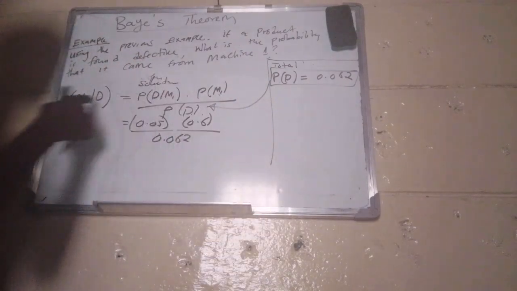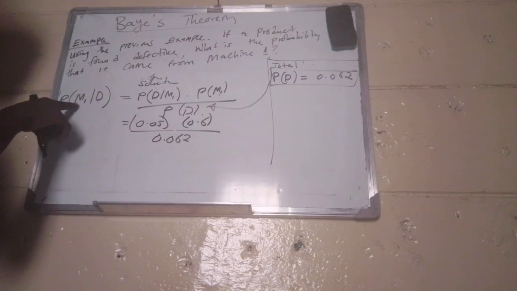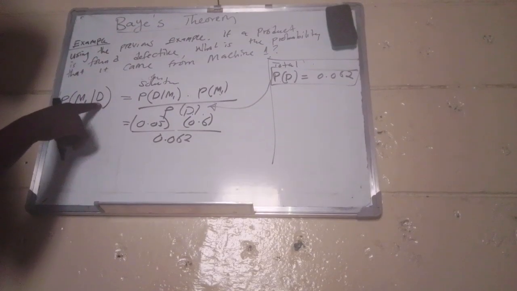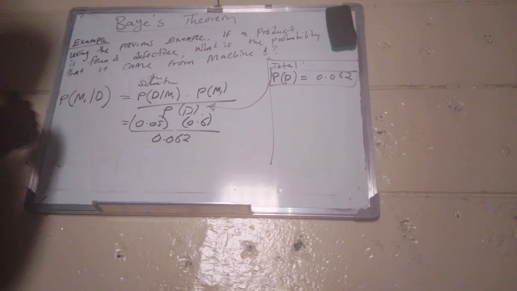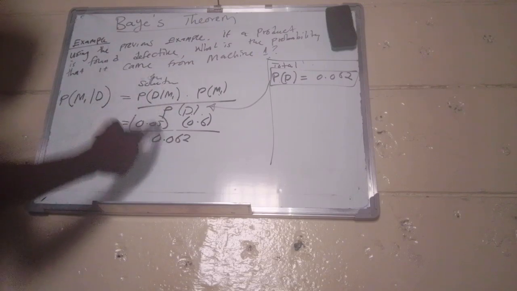Now we want to find that the item is from machine 1, given that the item is defective. So this is how we have it using the Bayes theorem. It is just a reverse.